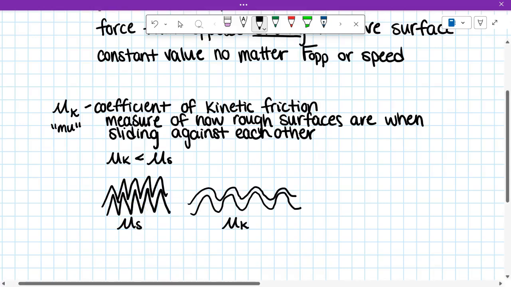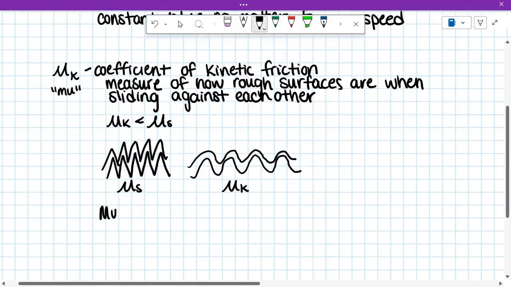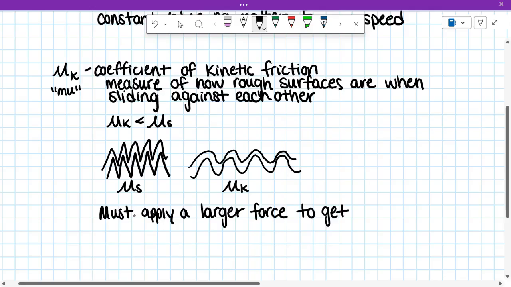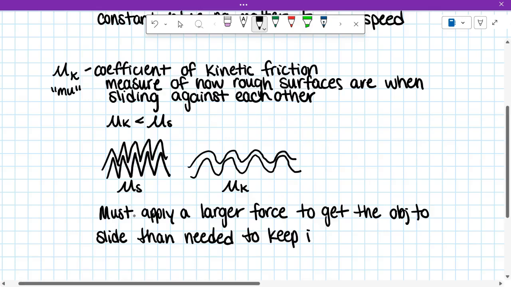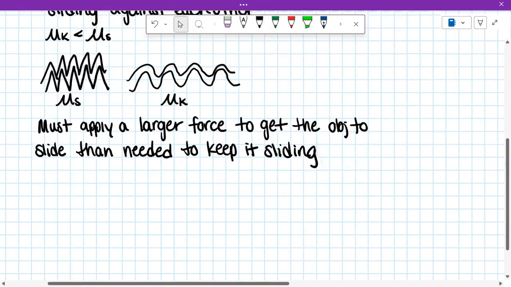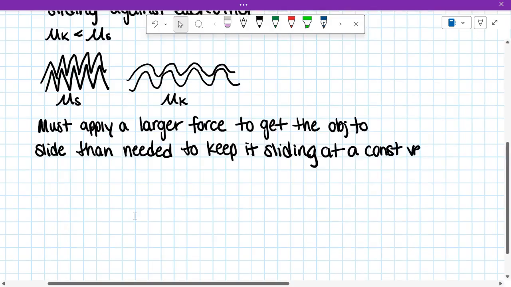What that means is that we must apply a larger force to get the object to slide than needed to keep it sliding at a constant velocity.